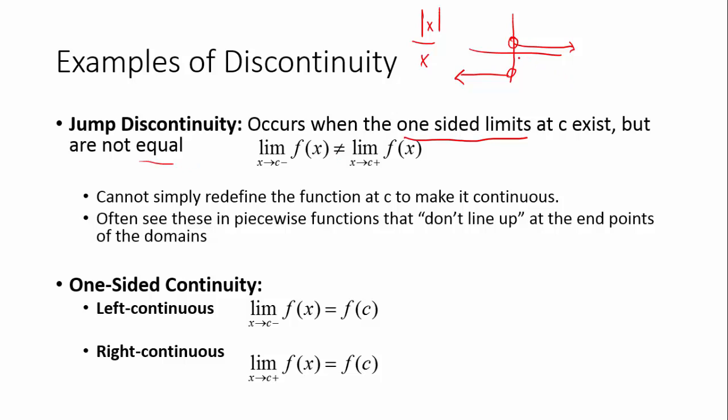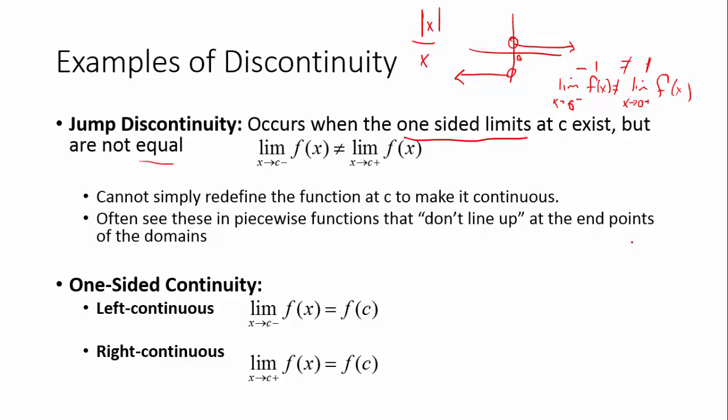Because remember, if we make our c 0, as we talked about in class in section 2.2, I believe it was, the limit as x approaches 0 from the left of f of x does not equal the limit as x approaches 0 from the right of f of x, because this one was -1 and that one was +1. So for that reason, we have something that's discontinuous at 0.